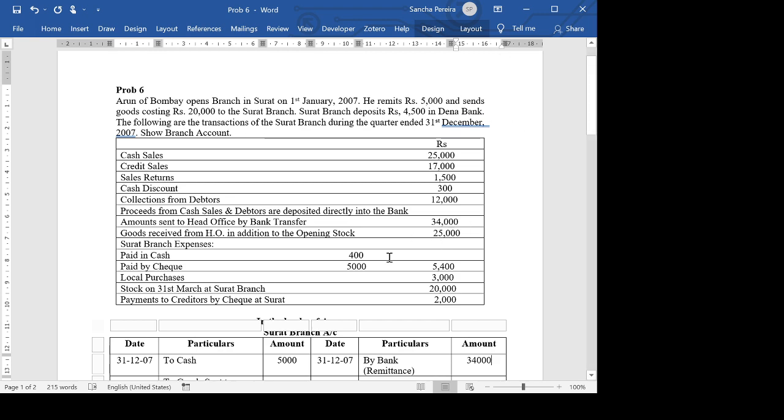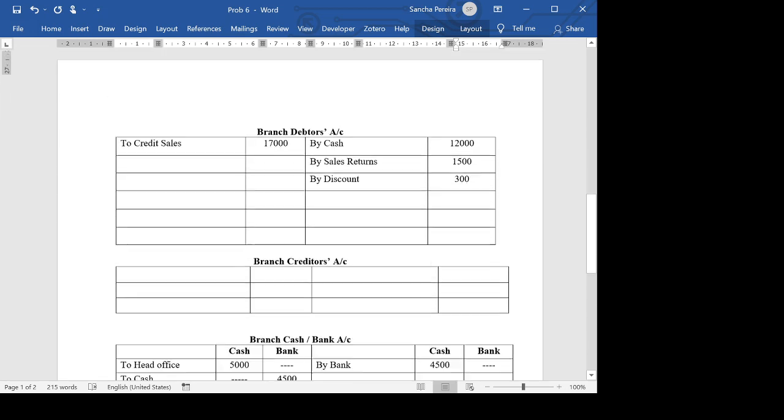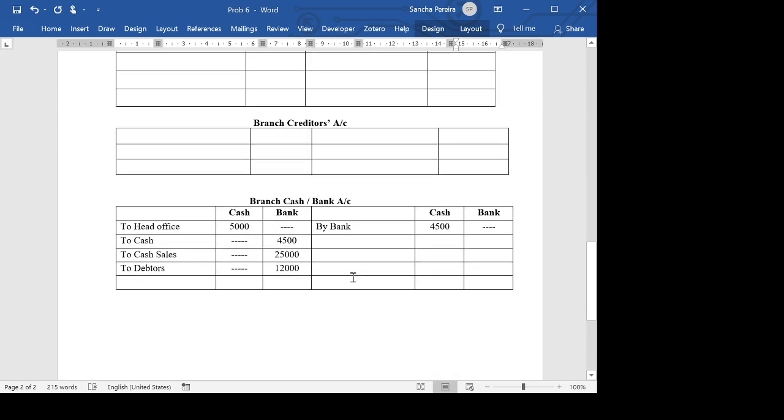Okay. Now, what else will this affect? It's surely going to affect your cash or bank account. If you remember, we had collected and deposited directly in the bank account the amount from cash sales and the amount received from debtors. What the branch is doing right now is sending 34,000 out of this 37,000 to the head office.